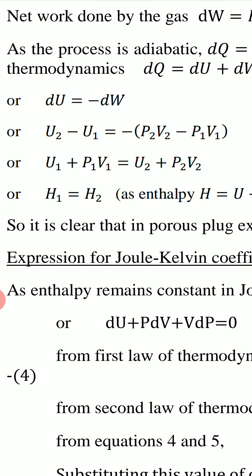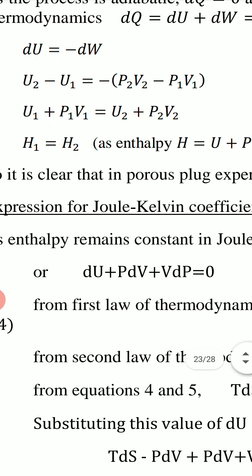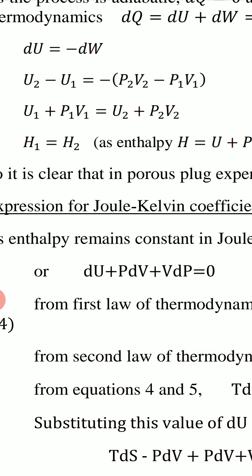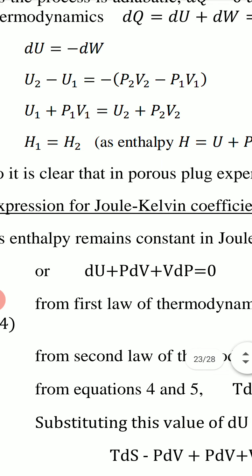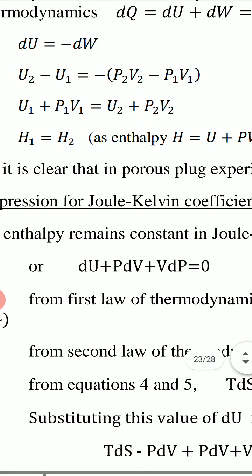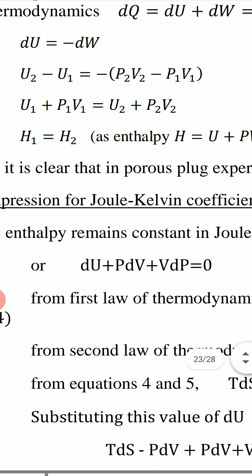Now write the terms having 1 on the left hand side and the terms having 2 on the right hand side. We have this relation: U1 plus P1V1 equals U2 plus P2V2. U1 plus P1V1 is enthalpy H in chamber 1, so it is H1, and on the right hand side U2 plus P2V2 is also enthalpy in chamber 2.